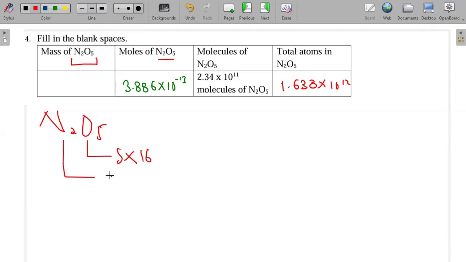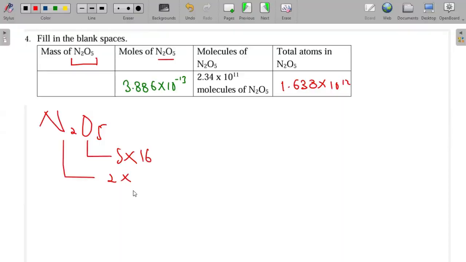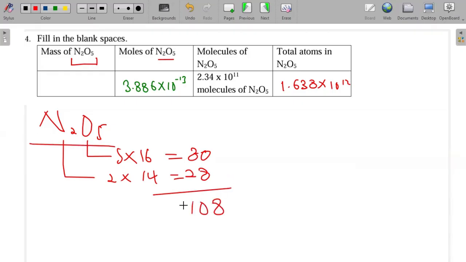And then here, I have 2 multiplied by the molar mass of nitrogen. So nitrogen is here. So nitrogen has 14. So I'm just going to write 14 here. So 5 multiplied by 16 is 80. And then 14 multiplied by 2 is 28. So the molar mass of this whole thing will just be 108 grams per mole. So this will be the molar mass.